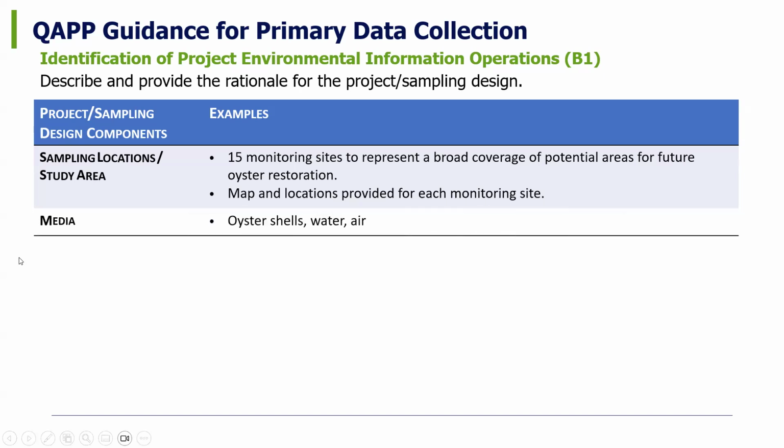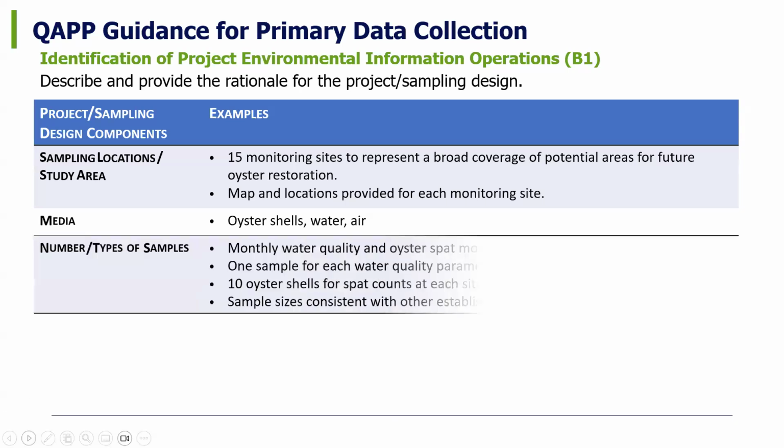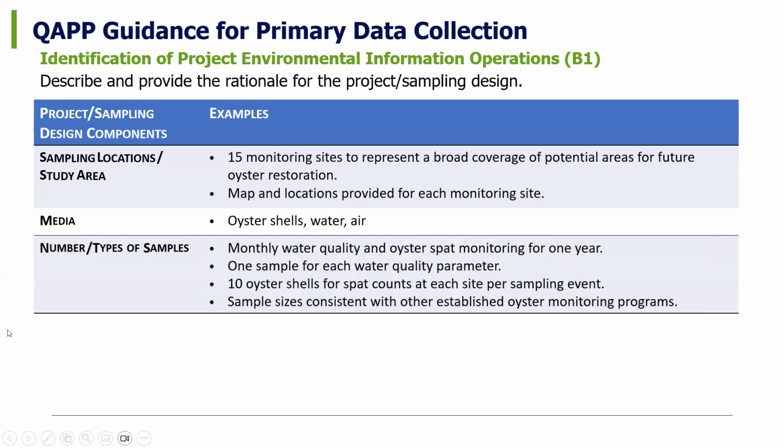Another thing you'll want to talk about in this section is the specific media that you're sampling. In this case, they're collecting oyster shells and water quality data, and they're also taking the temperature of the air, not collecting air samples. You want to talk about the number and types of samples collected.